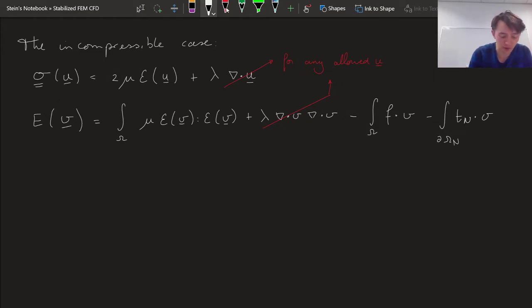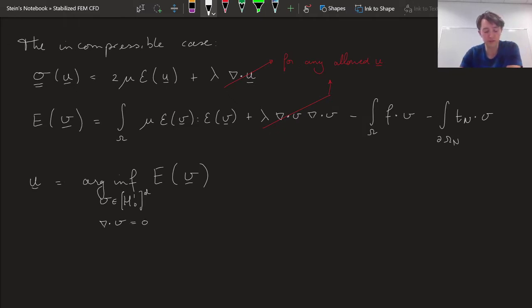The original minimization statement is that U is going to be the argument of the minimization of the infimum of the energy potential for all V. So what we could do now is in our search for different functions V, we can already say that we're only going to allow functions V such that the divergence of V is equal to 0. And in fact, that would be a perfectly fine statement. You would actually get a very similar statement to the one before.